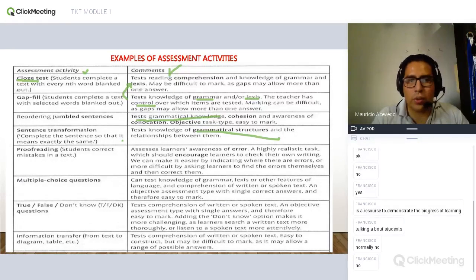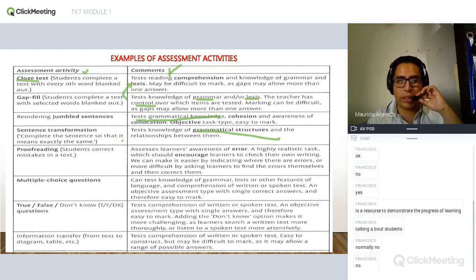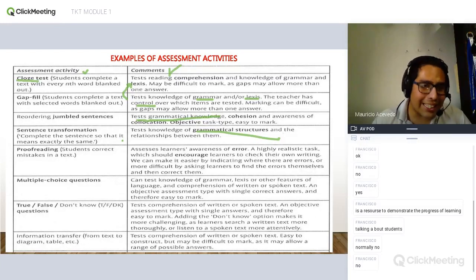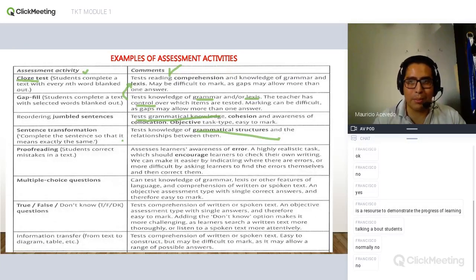Proofreading. Students correct mistakes in a text. This is very common in the TOEFL. I don't know if you have applied for the TOEFL test, Francisco, but you know that there is one part in which you need to see what the mistake is. You don't correct it exactly, but you need to see what the mistake is. So, for example, in this case, this assesses learners' awareness of error. Okay, so now we're touching the part of error, a highly realistic task.